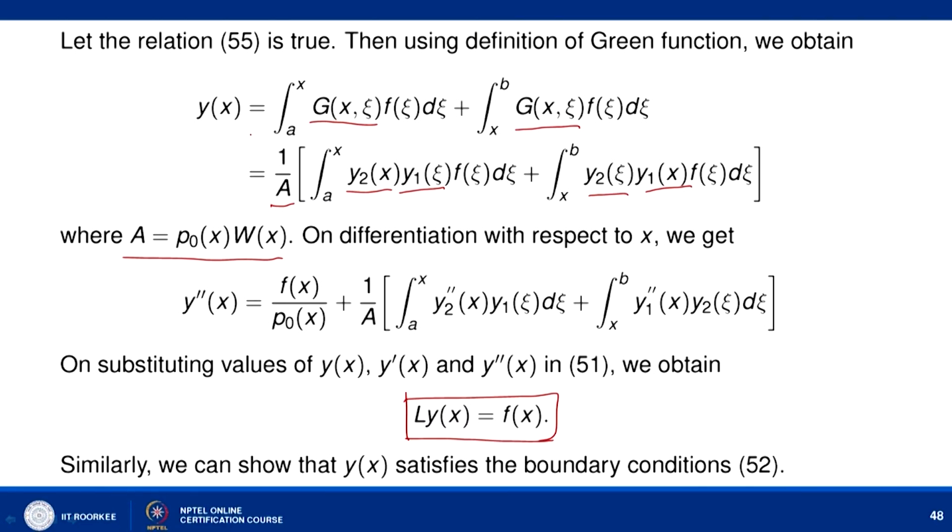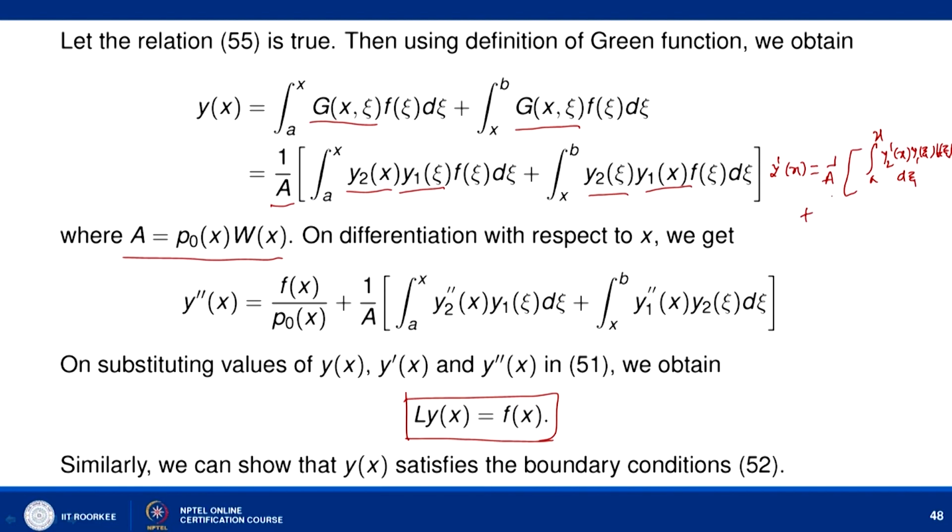Now y(x) is given here. Differentiate with respect to x. So, when you differentiate with respect to x, what will you get? Let me write it here. y dash x is equal to 1 upon a as it is. Now, we can differentiate it like this: integral from a to x of y2 dash x, y1(xi) f(xi) d xi, plus.